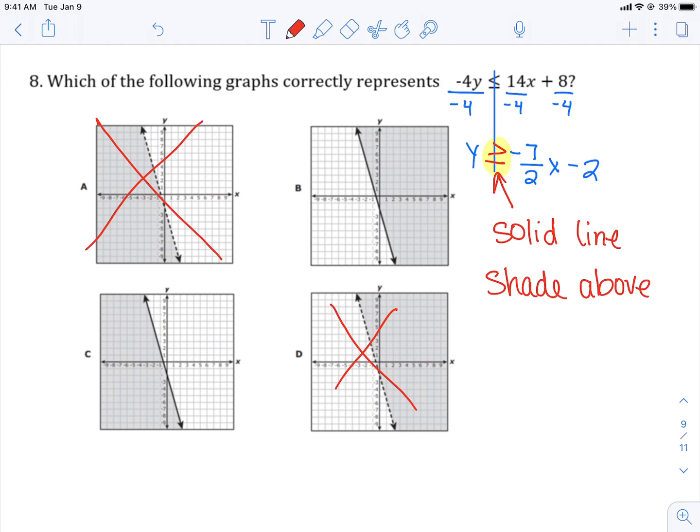So how we do that is I'm going to look at answer choice B. I put my finger on the y-intercept, and if I go up, that's above. That's the area I want shaded, which is what is shaded, so my answer is B. Okay, if you look at C, you would have to go down. That would be below, so C does not work.